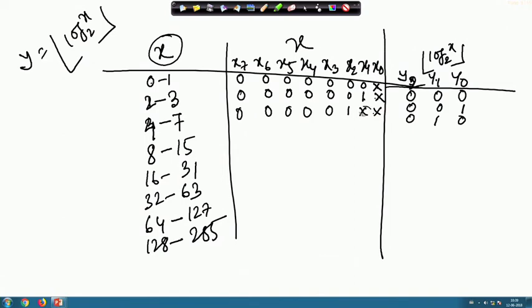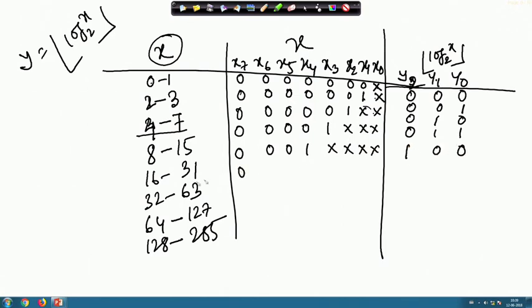I can write this particular range in this manner. Then for the 8 to 15 range, how can I write? This will be 3. In the same manner, it will be 4 for this, say 32 to 63, the range will be something like this, and for that I can write 5.